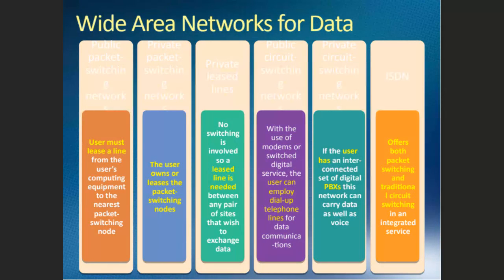So this is a summary of the wide area networks for data. We have public packet switching network. Please spend about 2 minutes reading this comparison. These summarize the types of wide area networks for data.